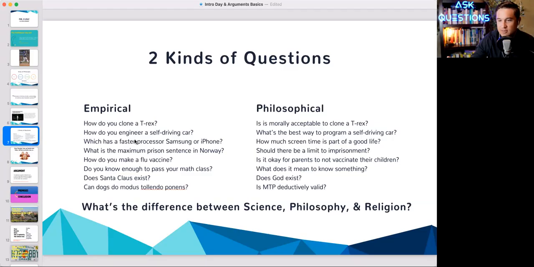Same thing for this question. How do you engineer a self-driving car? Well, that question is best answered by scientists in those related fields, whether it be computer science or computer engineering. If you could kind of sit in a comfy chair near a fire and kind of close your eyes and just reflect critically and creatively, the answer is probably not going to come to you.